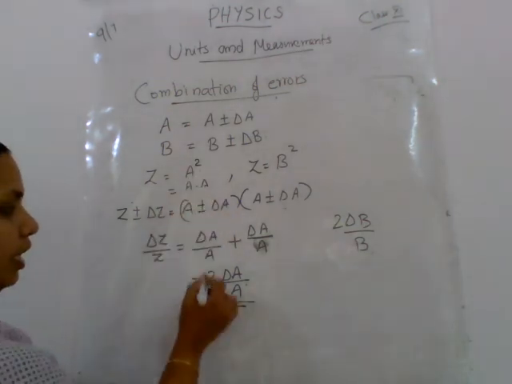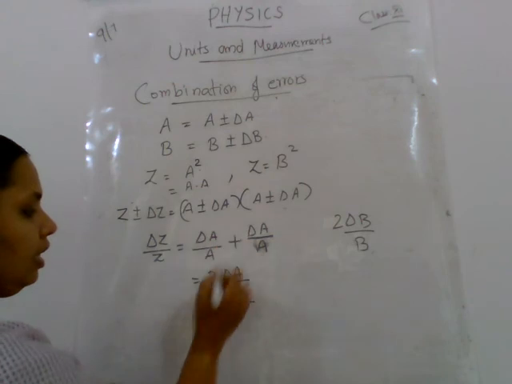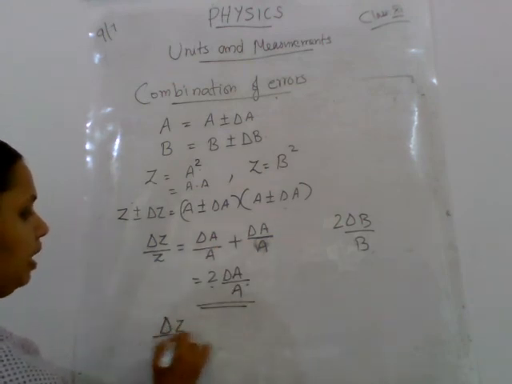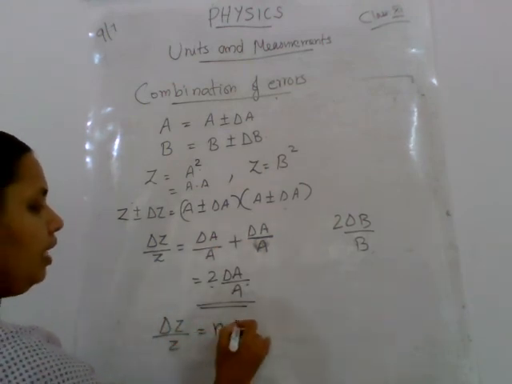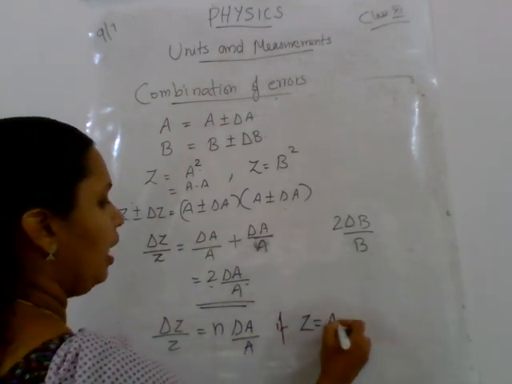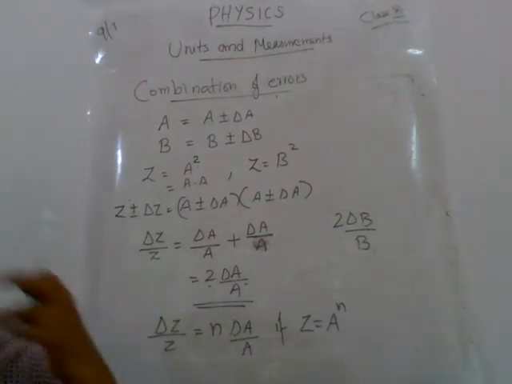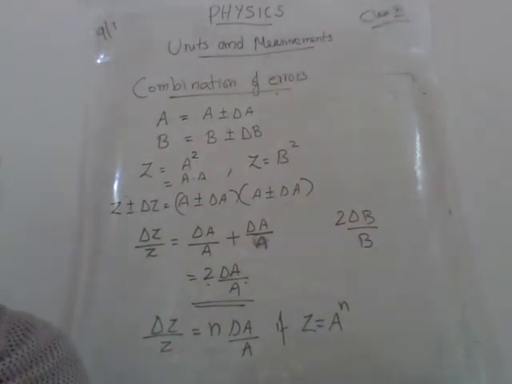If it is 3, it is 3 times the relative error. If it is n, it is n times the relative error, n delta A by A, if Z is equal to A raised to n. So it is the product of the power and relative error.